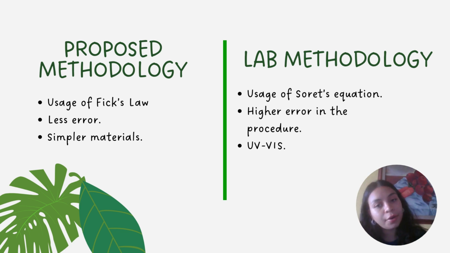There is less error for the proposed methodology because we had some difficulties in the procedure for the lab methodology, because when taking out the samples, the liquid could have been agitated, affecting the results. The materials used in the proposed methodology are simpler because there are only two containers and one tube. But in the lab methodology, we did use equipment called the UV spectrophotometer.